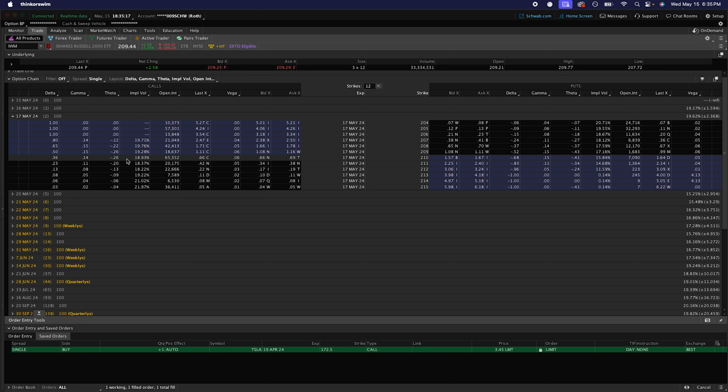But IWM I like for smaller accounts because of the cheaper contracts. You can even get an in the money contract that's $100 and change. So that can slowly build up smaller accounts in my experience. And it doesn't move as volatile as SPY and QQQ and things like that.